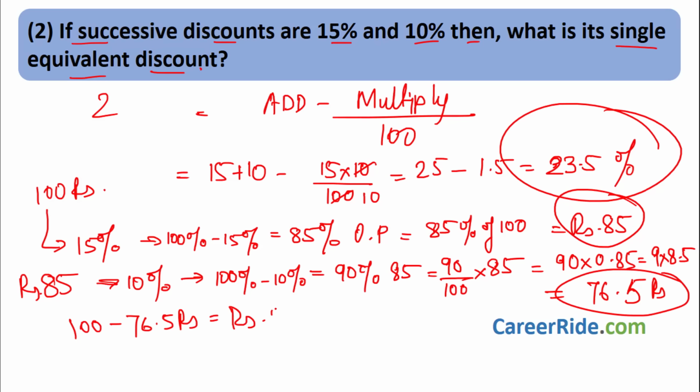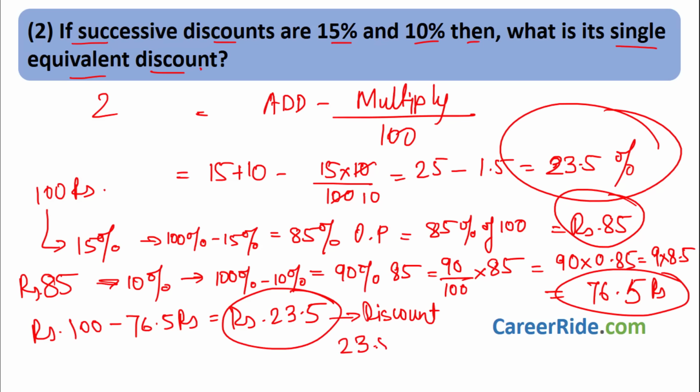Difference is rupees 23.5. Now 23.5 is nothing but the discount which the person has got, on the original price of rupees 100. How much percent is 23.5 of 100?